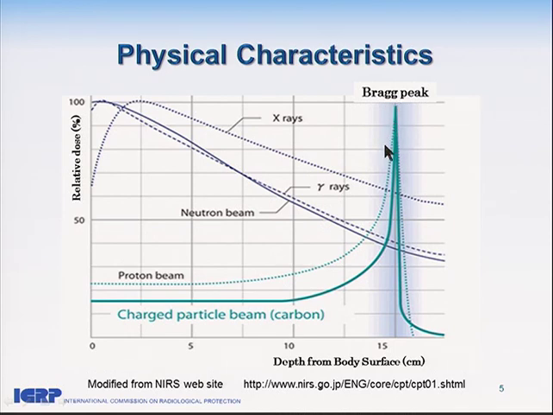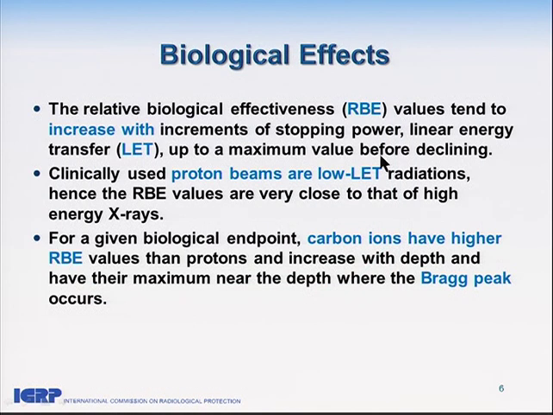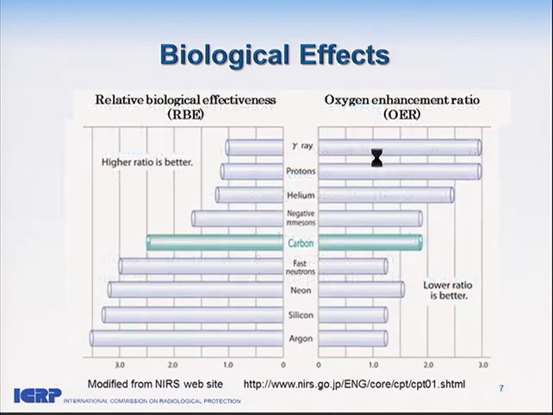This is a combination of physical characteristics and biological effect. Therefore, we need a very sophisticated method to calculate the exact biological dose to the tumor and also surrounding tissues.